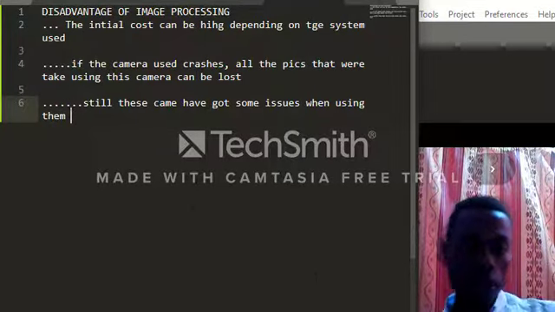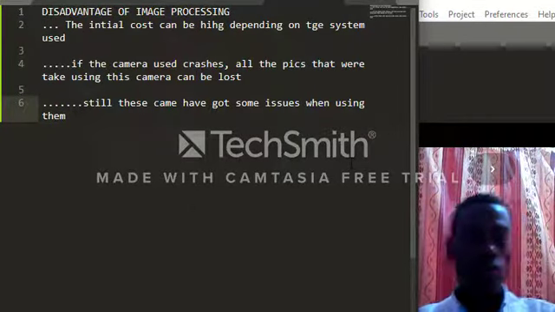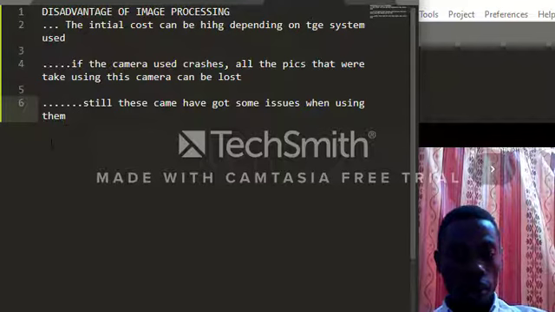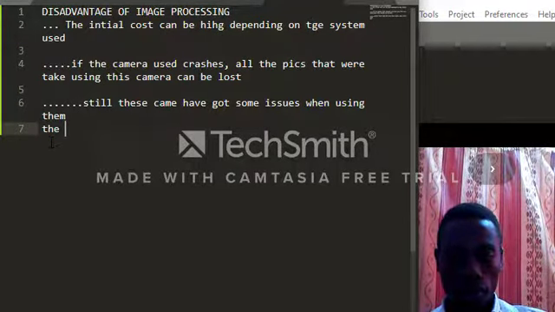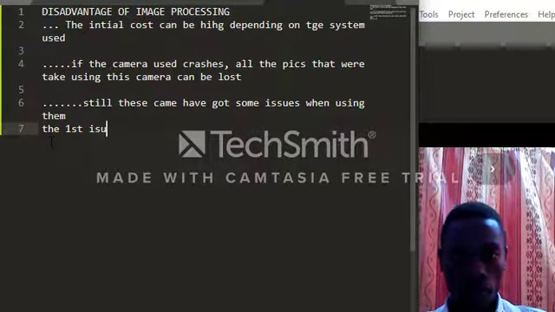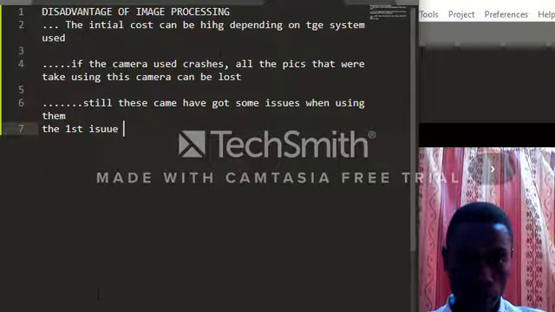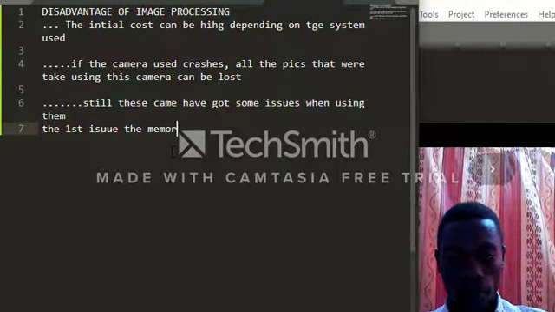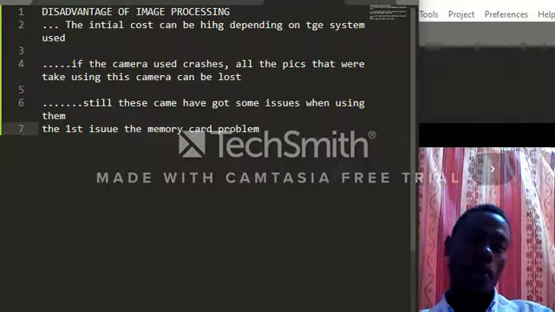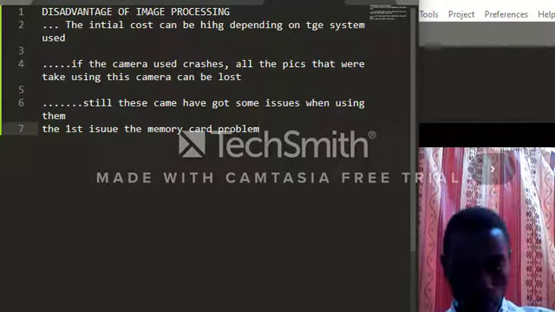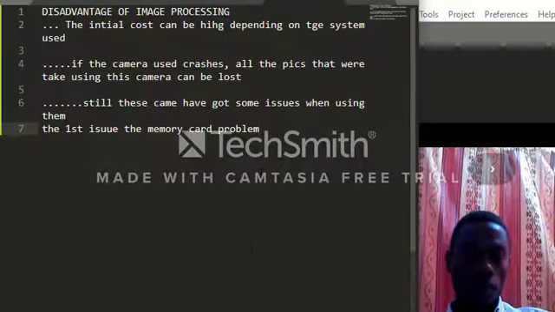They have got some issues when using them, and the first issue is the memory card problem. All these cameras do have memory card slots.